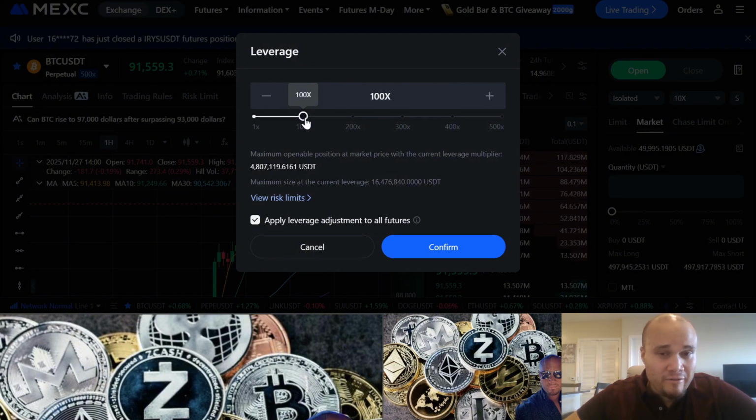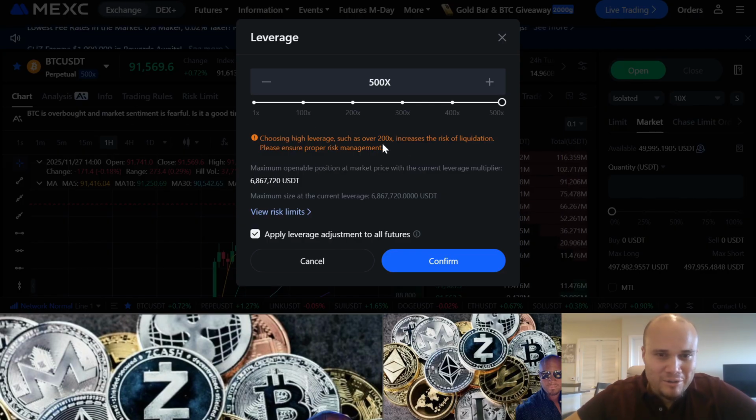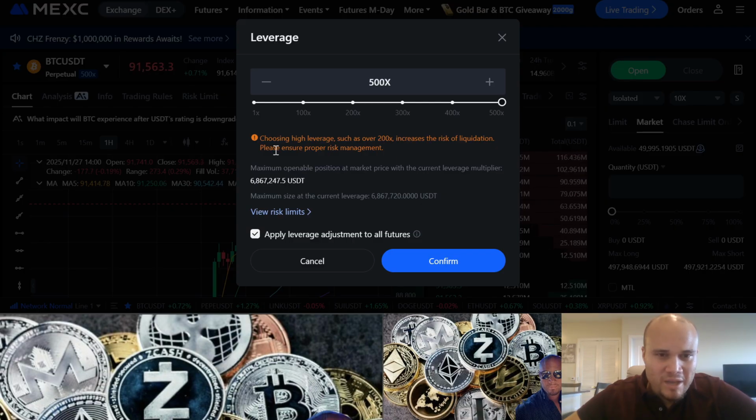Even more ridiculous, they have leverage of 200x going up to 500x, and when I do that, it shows a disclaimer saying that anything more than 200x increases your risk of liquidation, and you should ensure proper risk management.